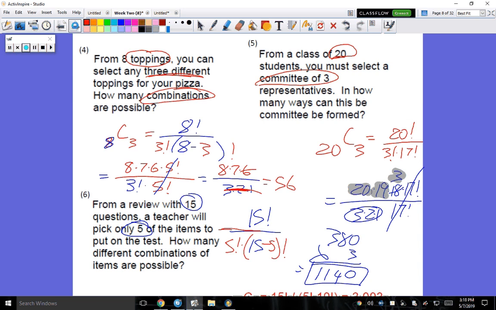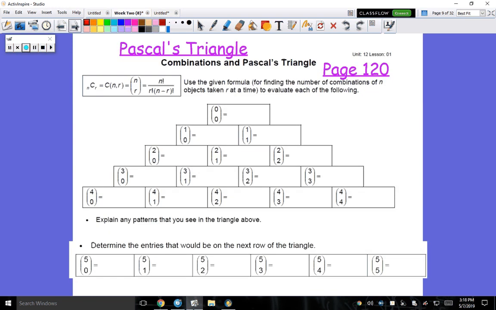Okay. So, how many of you have ever been exposed to this right here? Okay, you should have been exposed to it in Algebra 2. Here we go. Yes. Pascal's triangle is the following. It's dealing with combinations.